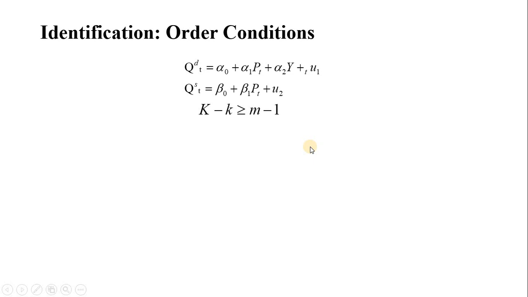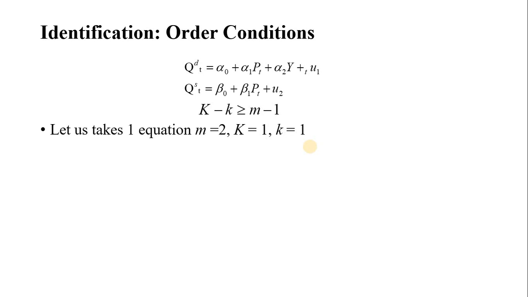Okay, look at the next one. Qdt is equal to alpha 0 plus alpha 1 price plus alpha 2 income plus u1t. Then Qs is equal to beta 0 plus beta 1 p plus u2. Now you just take the condition K minus k greater than or equal to m minus 1.